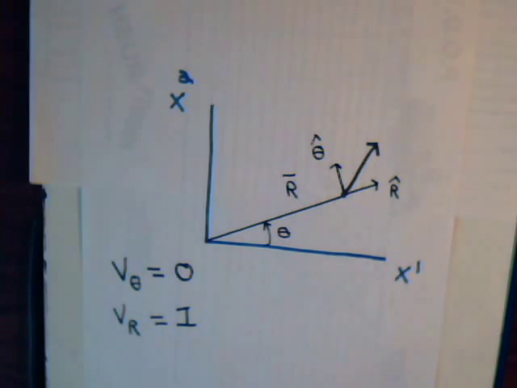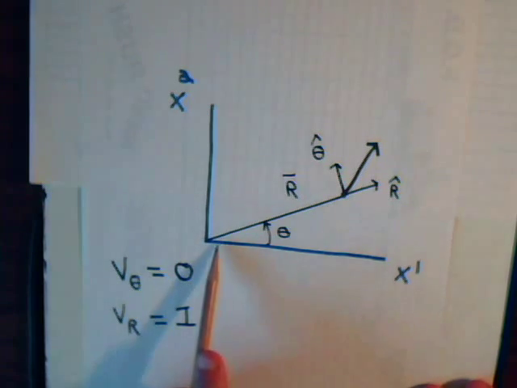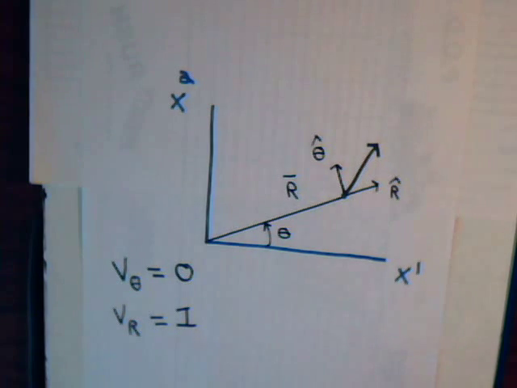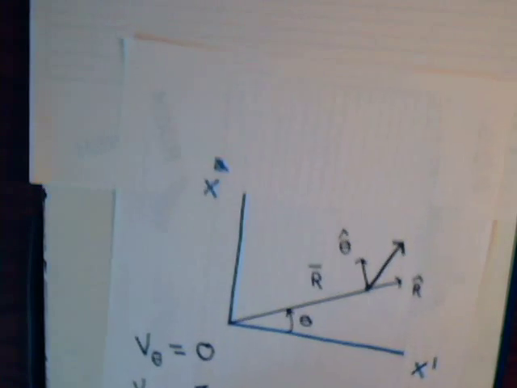Well, what happens if, say, the angular component is 0? Then our vector field will have only radial components. And let's say that the magnitude of those radial components is 1. So we have a vector field of unit length radial components. What would that look like?